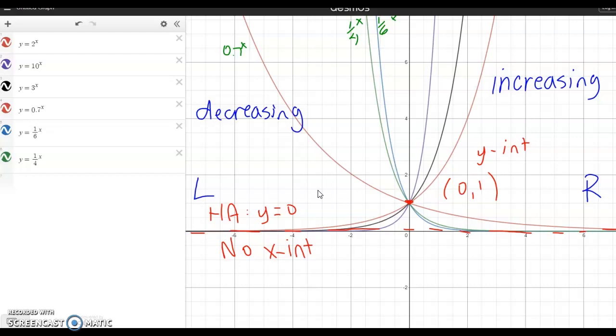So that's what we say the difference is. They're either increasing or decreasing. And remember that for a graph to be increasing, we need a number bigger than 1 as your base. And for a graph to be decreasing, we need a base that's smaller than 1, but still between 0 and 1. So it's going to be a fraction or a decimal.